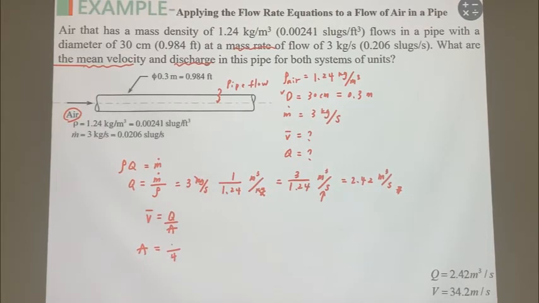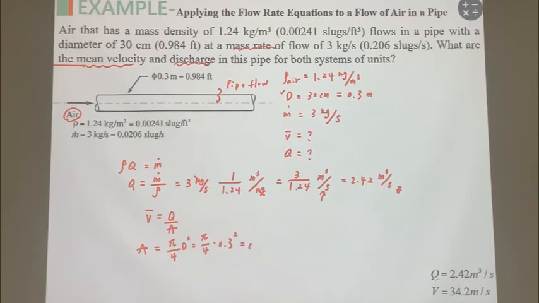So the total cross-section area is pi d squared over 4, with d as 0.3 squared, multiplied by pi and divided by 4.